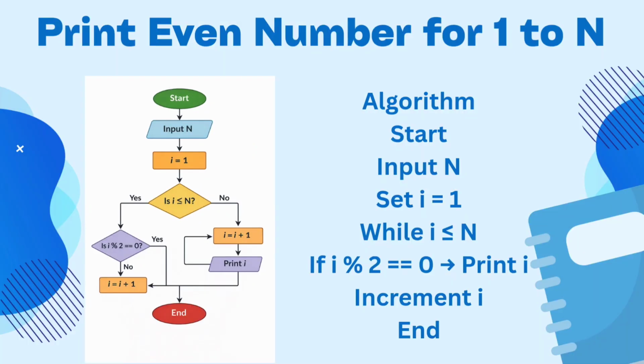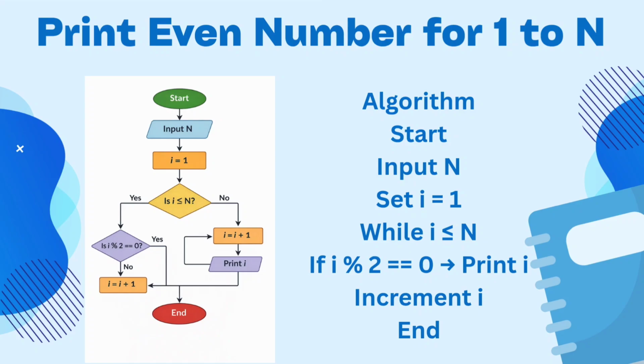Print even numbers from 1 to n. Start, input n, I equals to 1. Is I less equal n? No. Then I equals to I plus 1. If I less than equal n, then is I modulo 2 equals to 0?